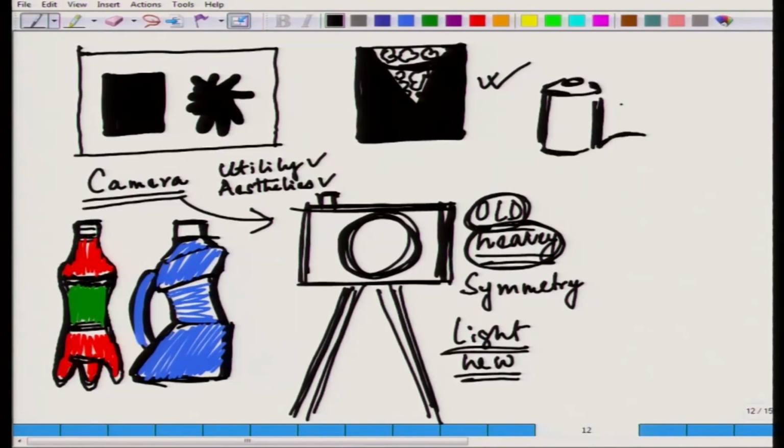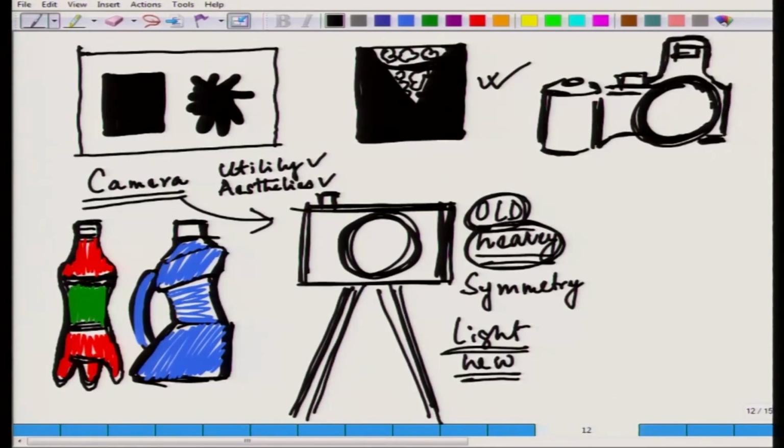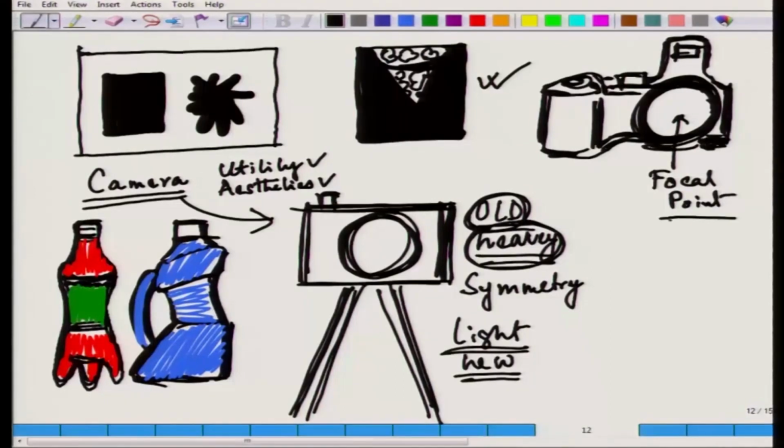We have a good grip. So, in this shape, the lens, which is the focal area, is shifted from the center.